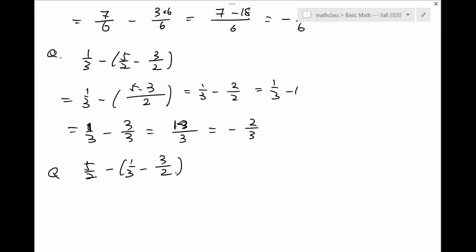Let's try. So 5 over 2, negative times 1/3 is minus 1/3. Negative times negative, positive 3 over 2. Right? Then you regroup them.